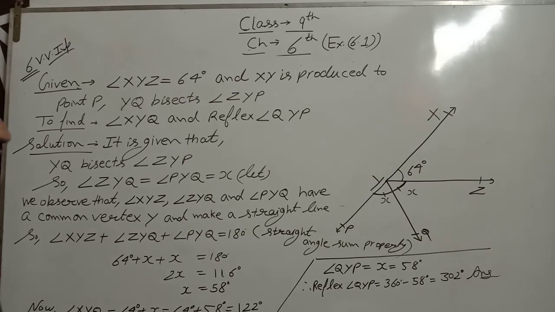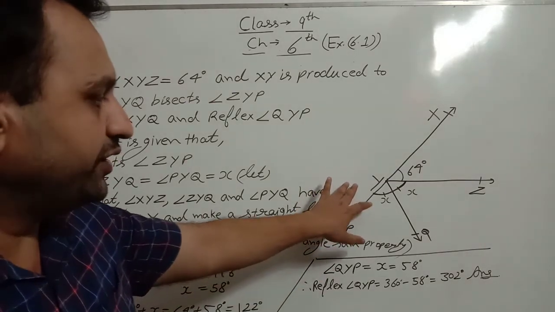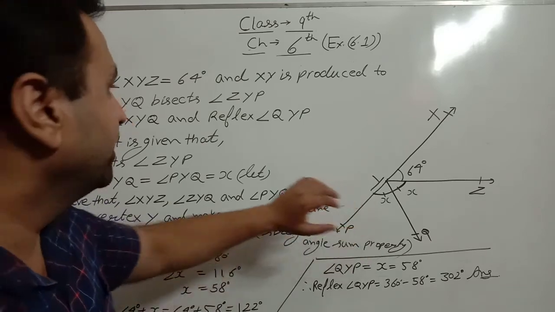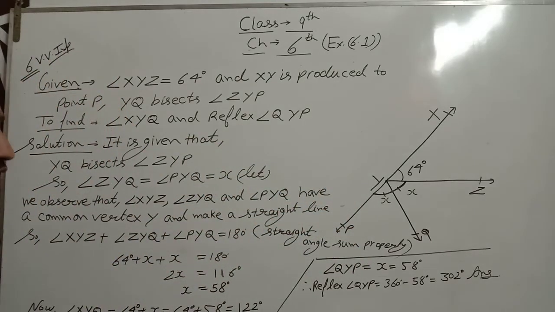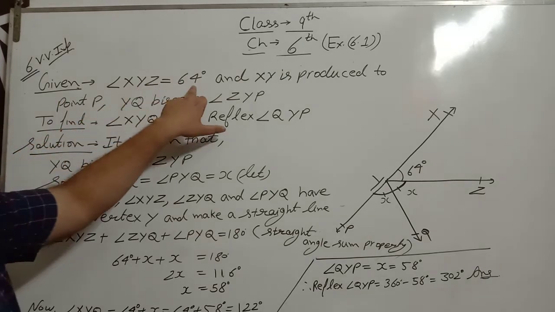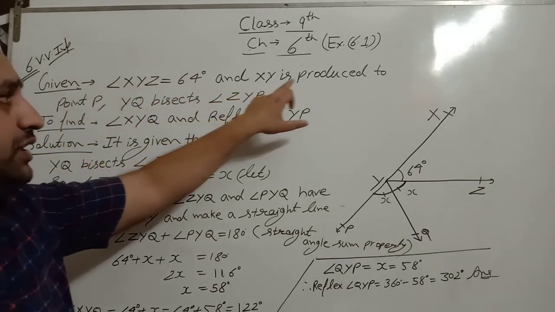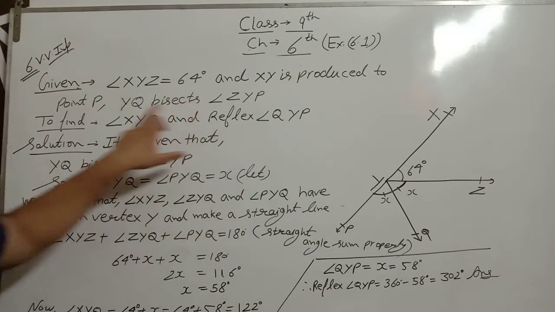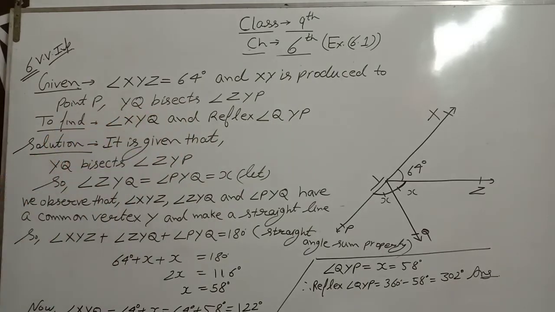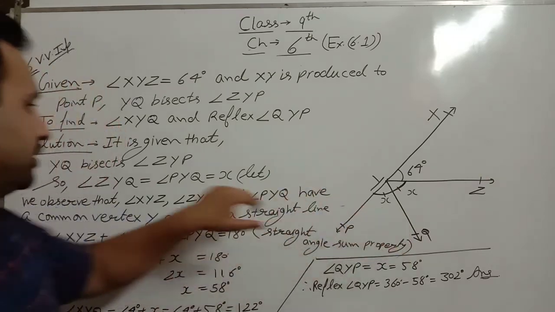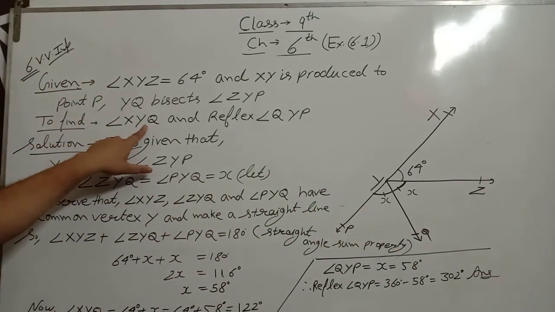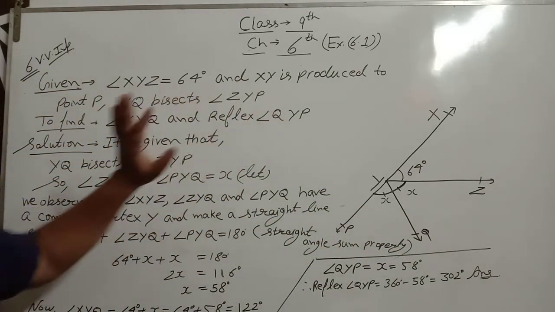Okay students, we have already drawn the figure from the given information. Now how to solve it? Given angle XYZ equal to 64 degrees and XY is produced to point P, YQ bisects angle ZYP. To find angle XYQ and reflex angle QYP.